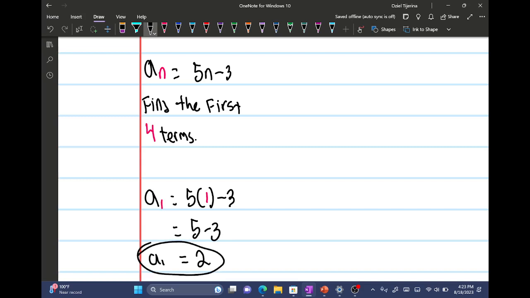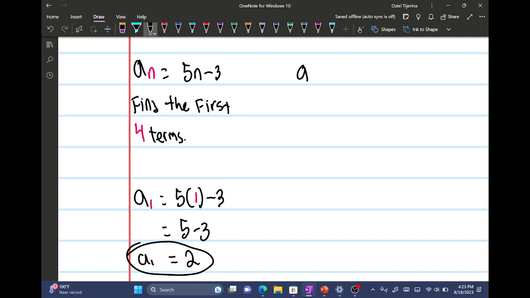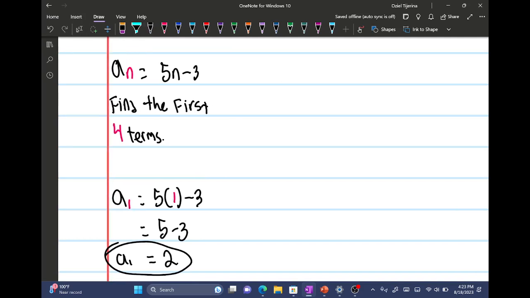Now we want to do the first 4 terms, so I'm going to do a sub 2 next. For a sub 2, we're going to do 5 times 2, so we're just plugging in 2 for n, which is the second term, minus 3. So this gives me 10 minus 3, which is 7.